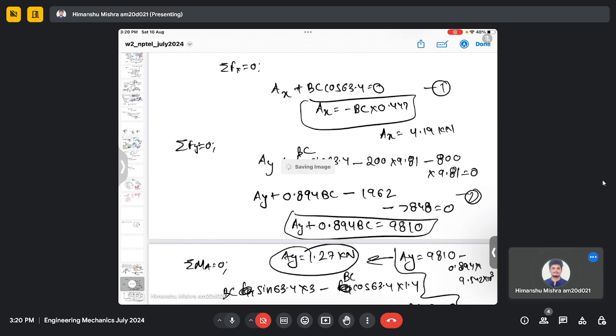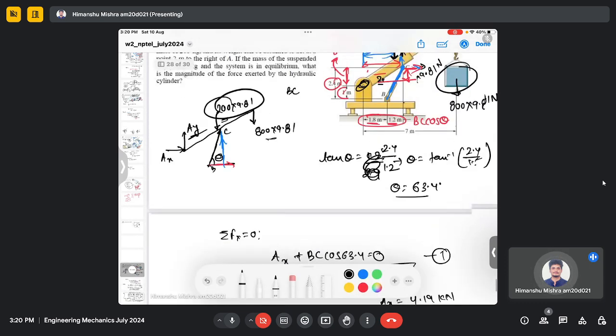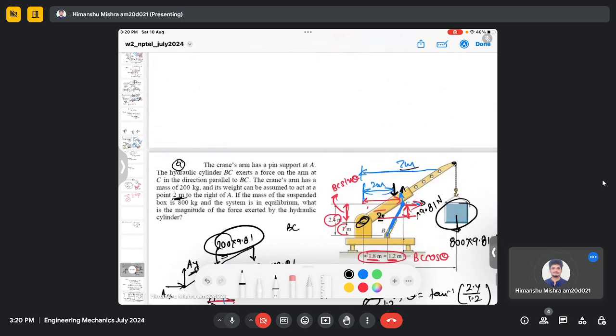So these are the few things that you need to keep in mind. Otherwise the concept is not very difficult. You just need to first analyze the question to see whether the system is in equilibrium or not. Once it is, then you can use the summation of forces and the summation of moments equal to 0, which are the necessary conditions to keep the system in equilibrium.